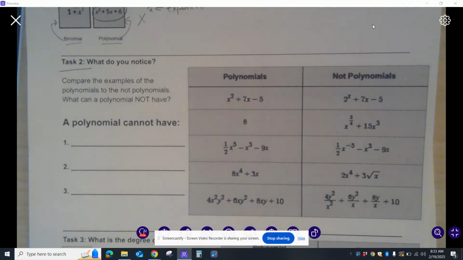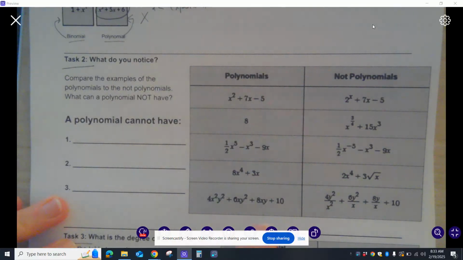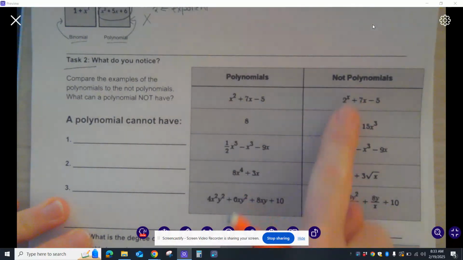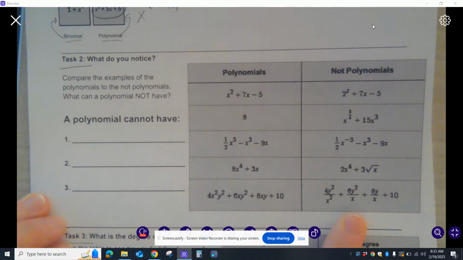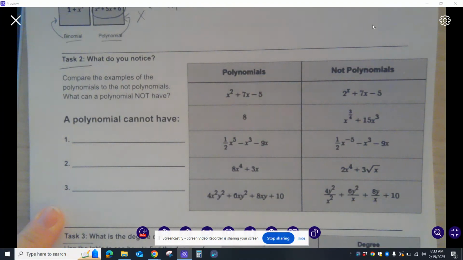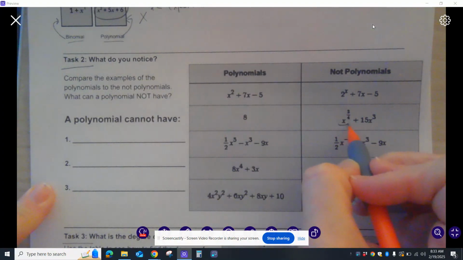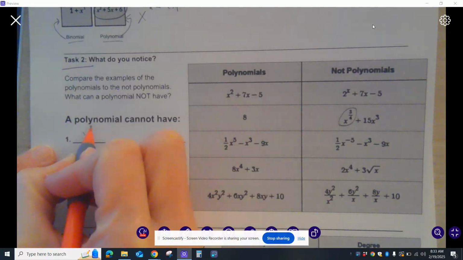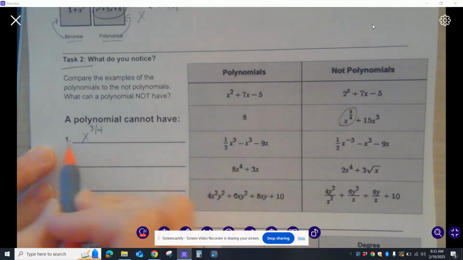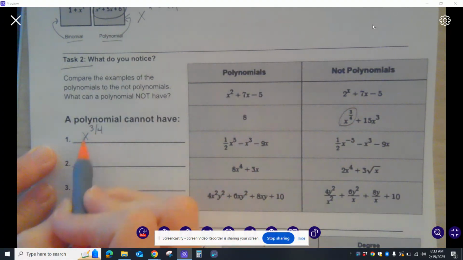Okay, task 2 said compare the examples of the polynomials and not polynomials. What can you say about not polynomials? So the first thing, hopefully, and again yours might be in a different order, is you might have noticed that this would be not a polynomial if your expression has something like that.